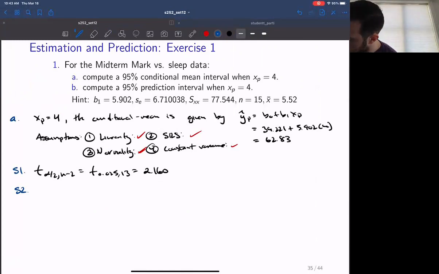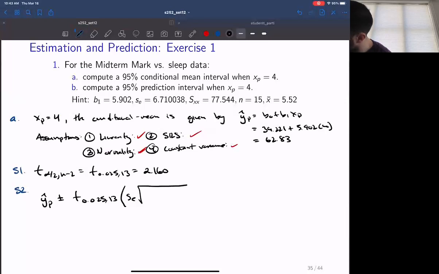So we have now y hat p plus or minus t 0.025, comma 13 multiplied by SE times the square root of 1 over n plus xp minus x bar squared over Sxx. Okay.